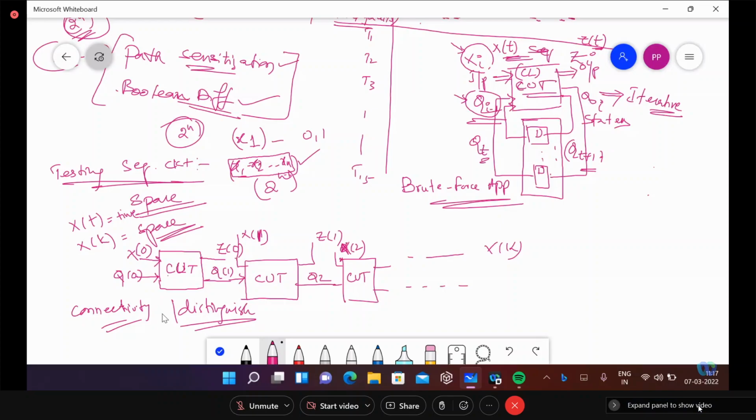We have seen this term in state diagrams. Two states are said to be connected, or strongly connected. Sequential designs only have this term, like complete system, incomplete system.